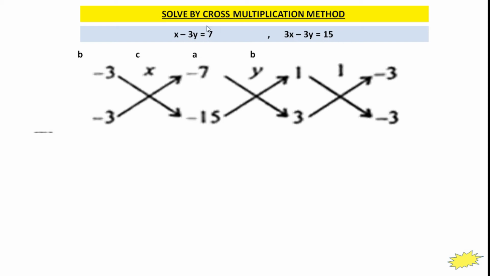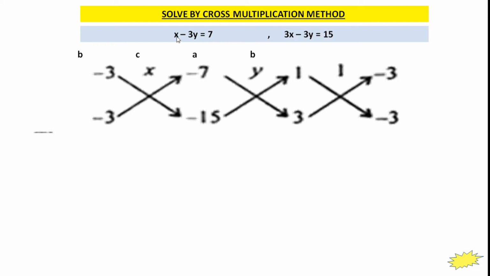Please remember, we need to bring them to standard form. So 7 will become minus 7. 15 will become minus 15 because it has to be brought to the left hand side. So we write down the coefficients for C. Then we write down the coefficients for A, the coefficients for x.